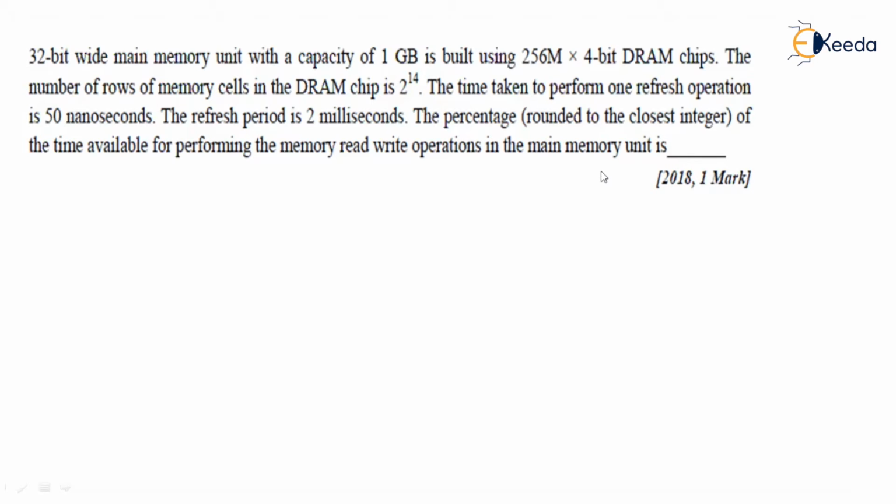Now, we just understand this question, then we will be able to solve this question. First, understand this. There is a memory. This memory is available for access by the CPU.